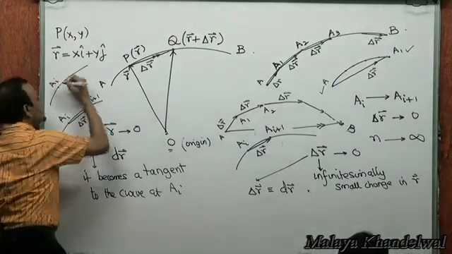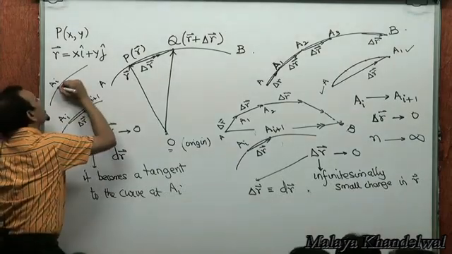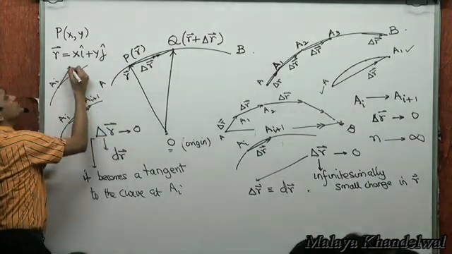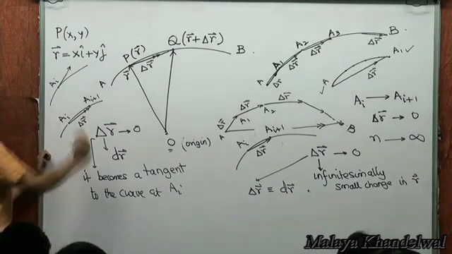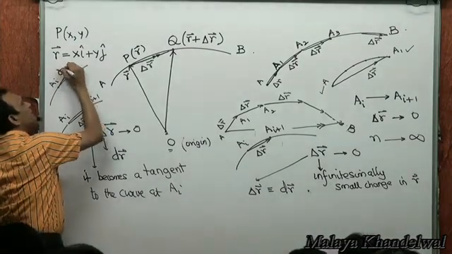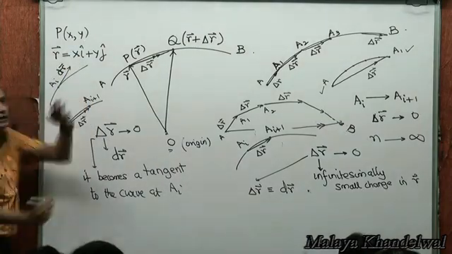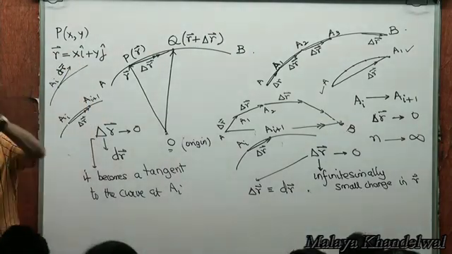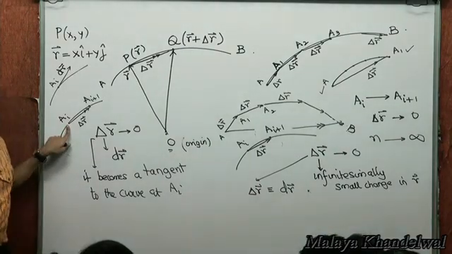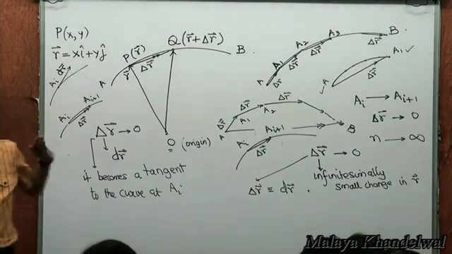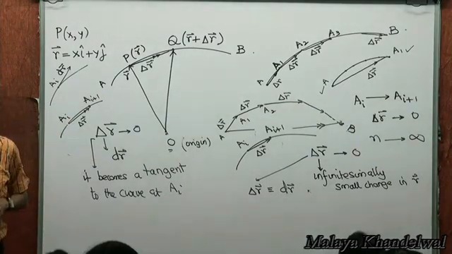As delta r tends to 0, it becomes dr, and its direction becomes a tangent to the curve at ai. This is what transpires.